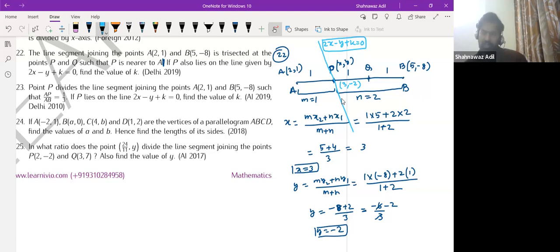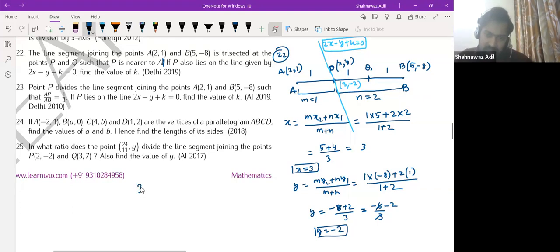So 3 comma minus 2 is one of the solutions, right? Then what we can do? Let's say that you have a line, right?